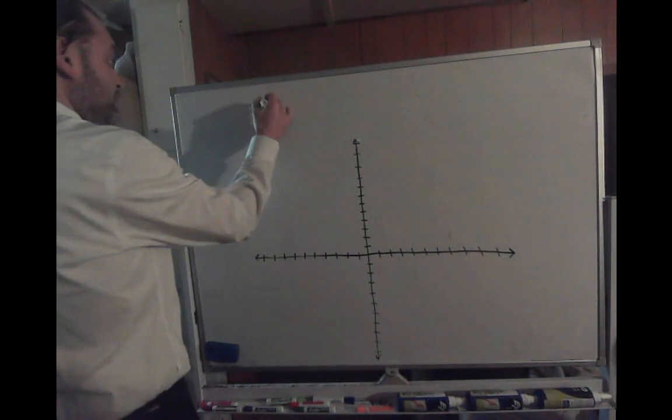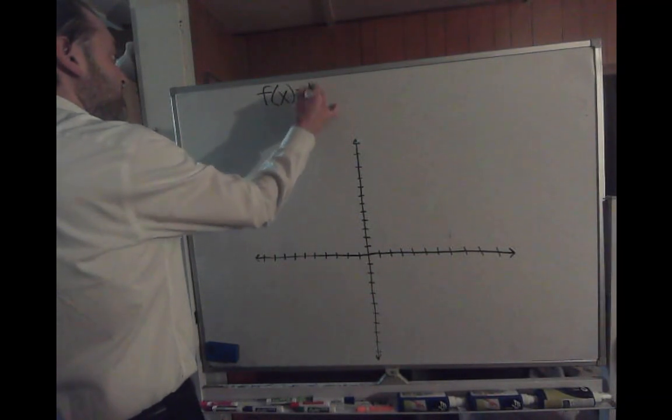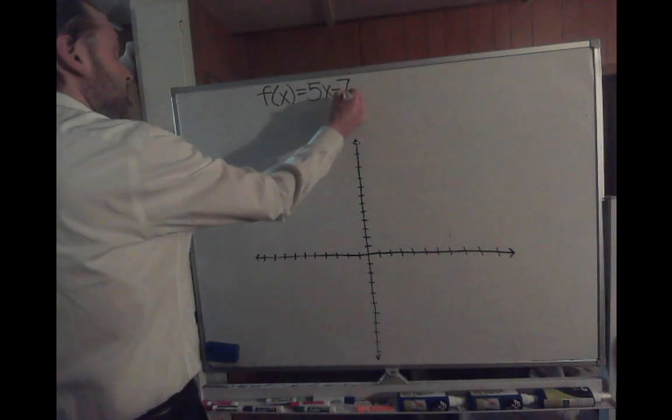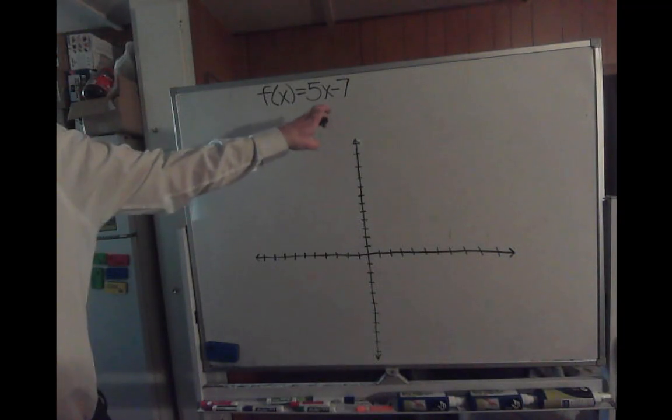Alright, so we're given a function here, just f of x equals 5x minus 7. Which you can essentially use for mappings and transformations also.